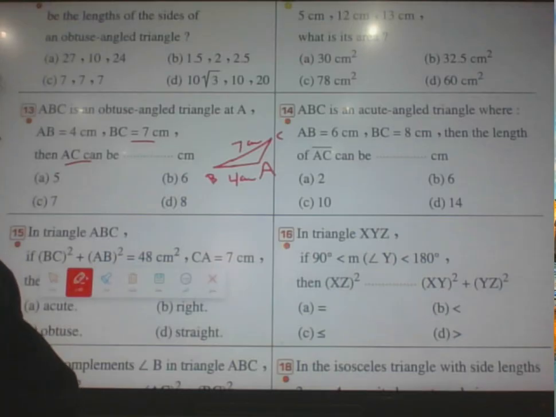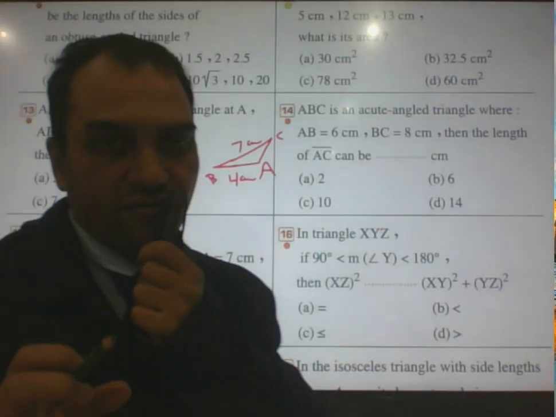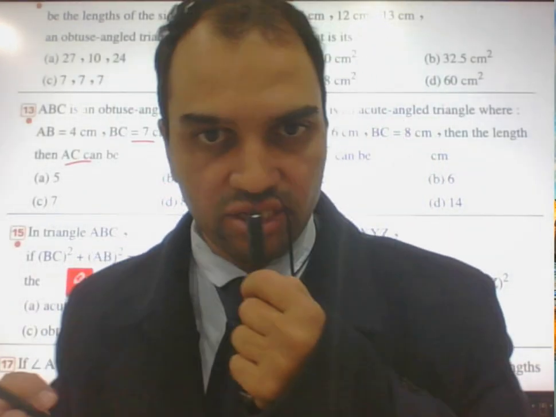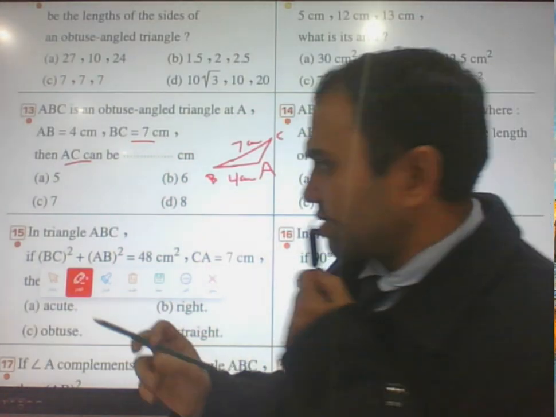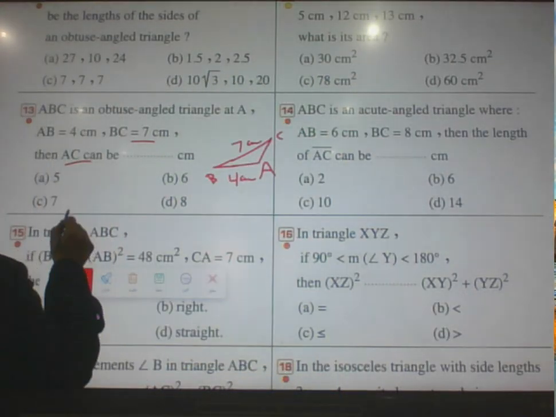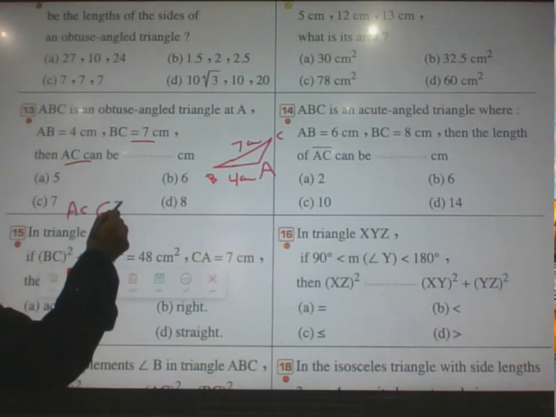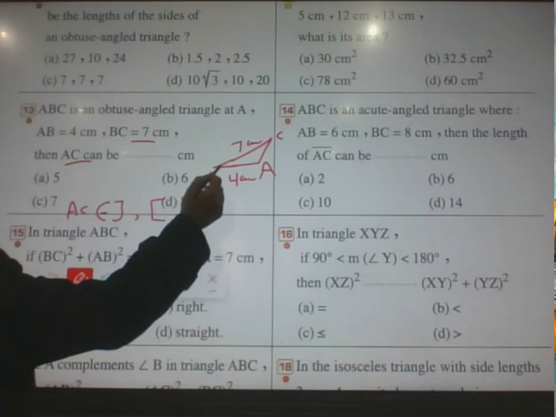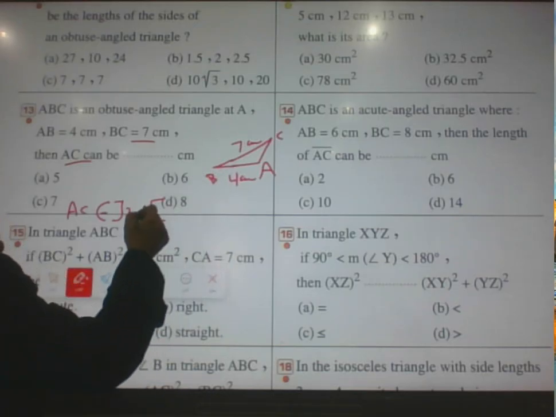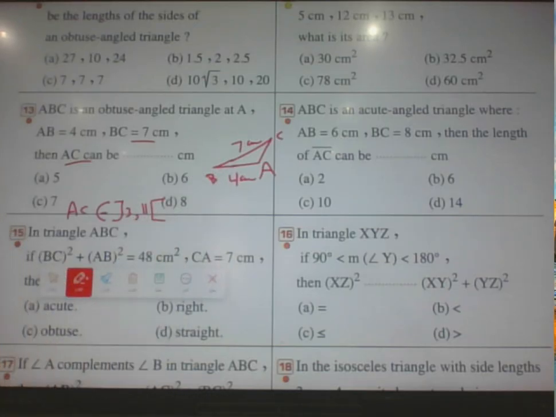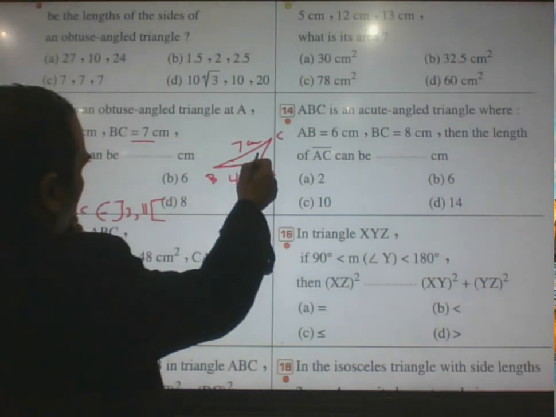We know the third side lies between the difference of the two sides and the sum of the two sides. We can write the interval. AC falls into the open interval: 7 minus 4 is 3 and 7 plus 4 equals 11.